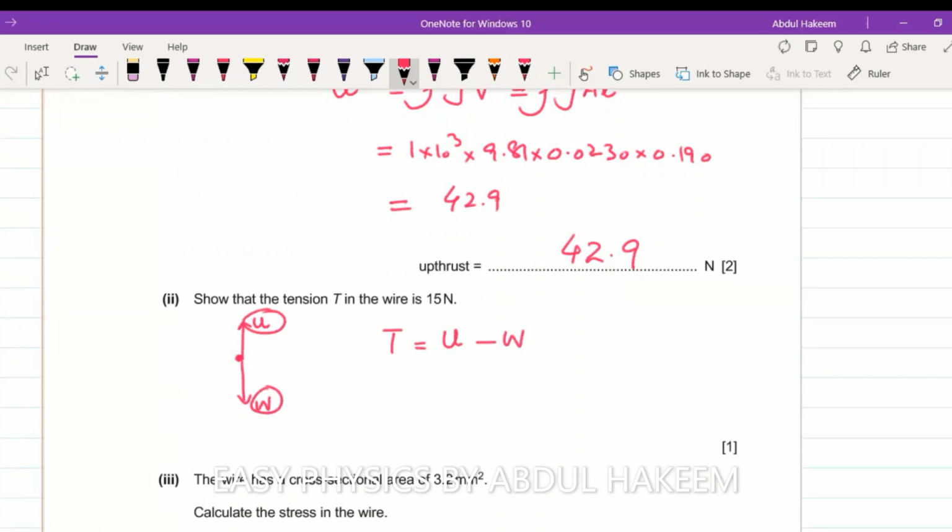Look, this upthrust is 42.9 and the weight of the object is given as 28. So this is approximately 43 minus 28. So the answer is 15.9 approximately.